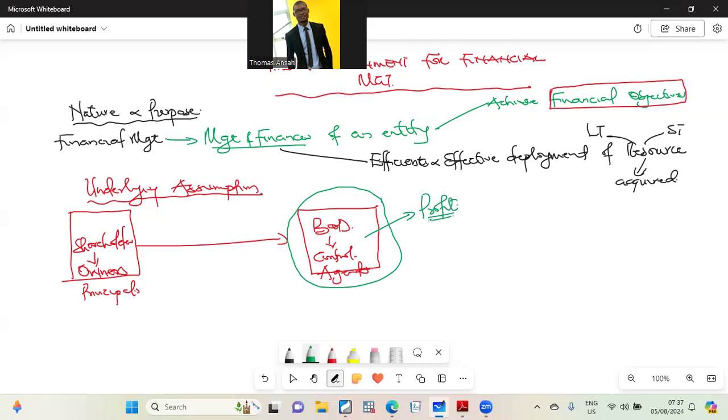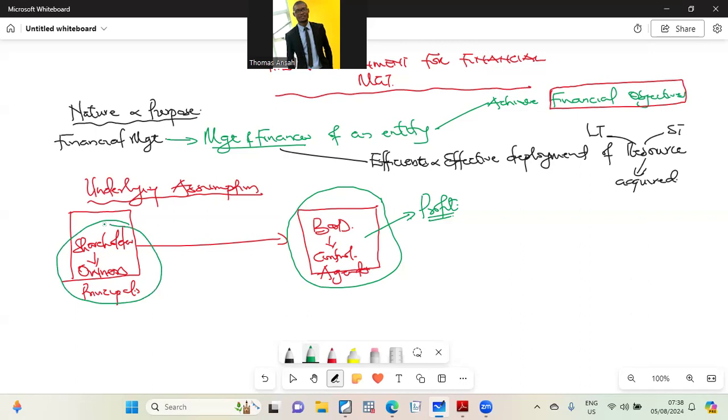But for financial management, what we are saying is that, yes, profit is an objective for the existence of an entity, but it is not the number one objective. It is not the underlying factor of financial management. And that in itself is an examinable question. It has happened before.